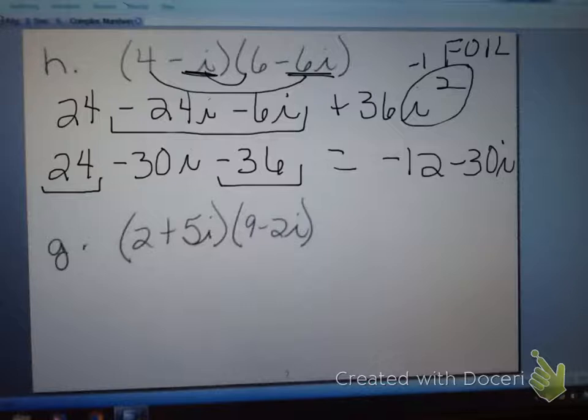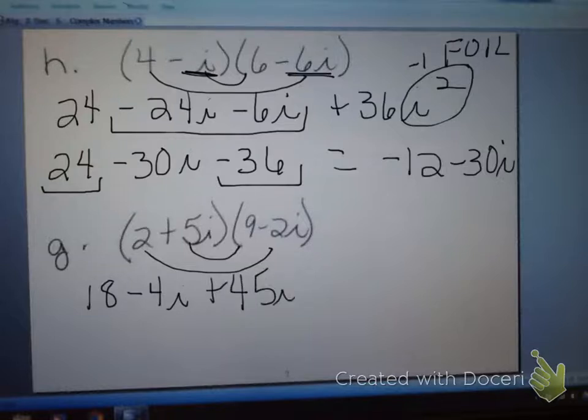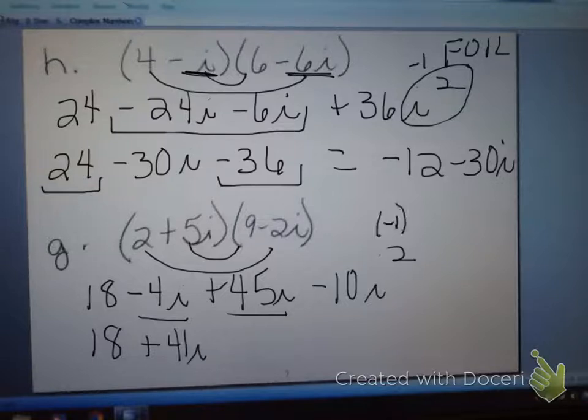G, I'm going to do the FOIL method. I get 18 minus 4i plus 45i minus 10i squared. Negative 4i and a positive 45i is a positive 41i. i squared is negative 1. So negative 1 times a negative 10 is a positive 10.